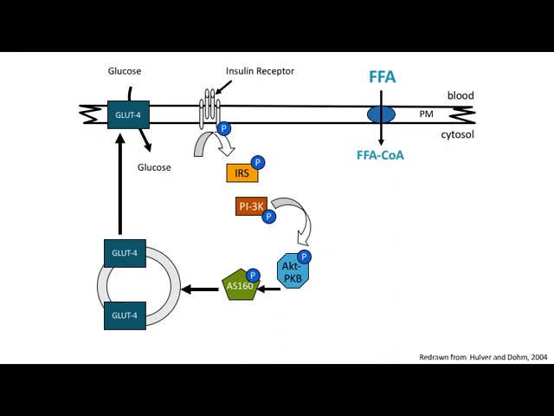This coenzyme A is a way that in the cell we tag the free fatty acid for a certain role. And often that role is to be stored as triglycerides. Triglycerides are an inert, stable form of fat storage. We want this to happen.